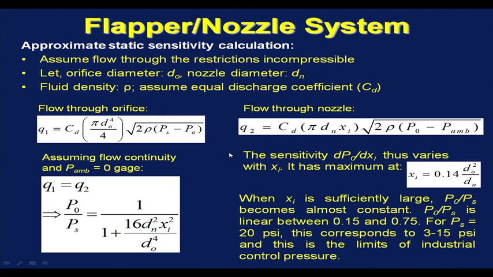If we assume P ambient equal to 0 gauge pressure, then after equating Q1 equal to Q2 and after some rearrangement, we can write P0 by Ps as this equation: P0 by Ps equal to 1 by 1 plus 16 into Dn square into Xi square divided by Do to the power 4.